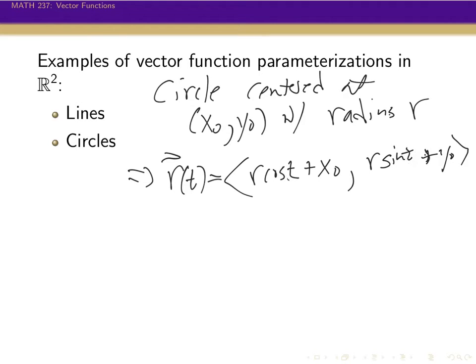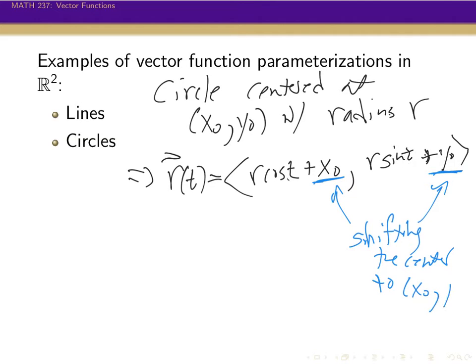And so in breaking this apart, the plus x naught and the plus y naught here, this is shifting the center to (x naught, y naught). So literally I'm taking the whole curve and shifting it to (x naught, y naught).